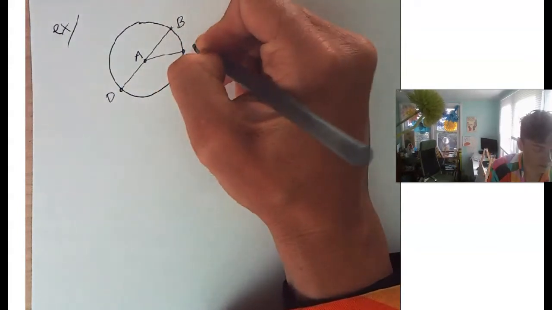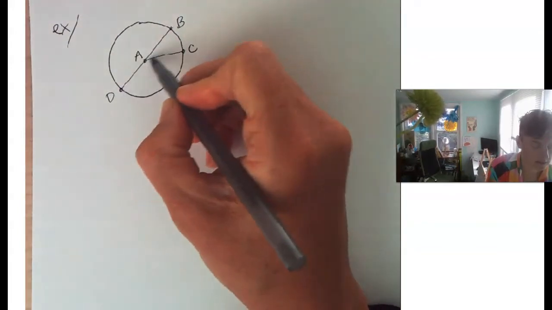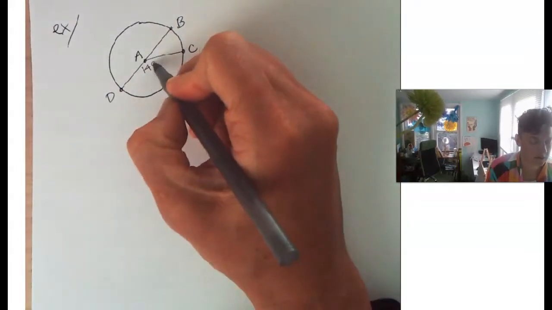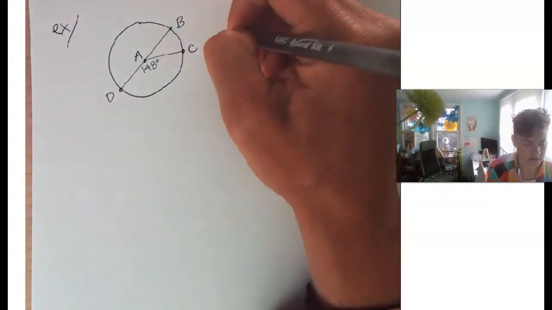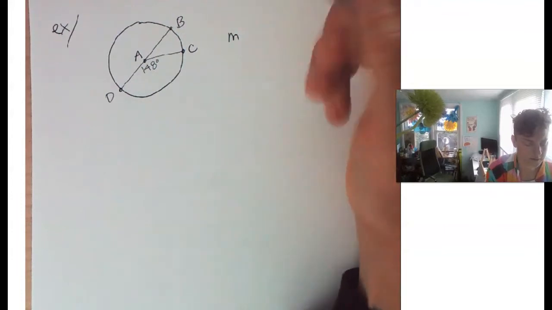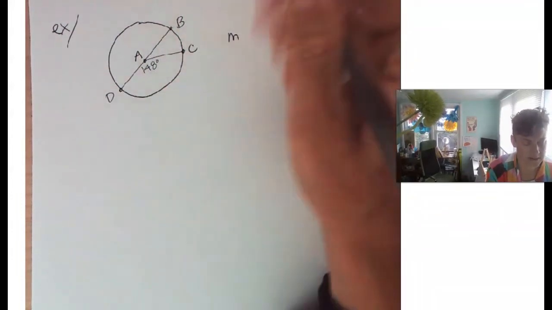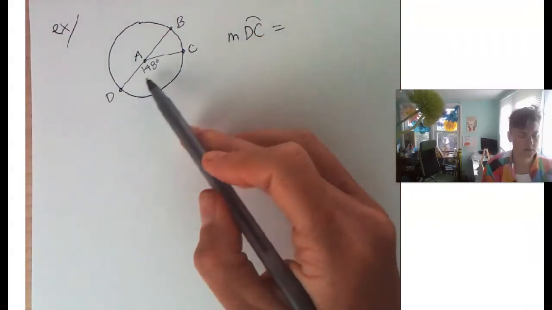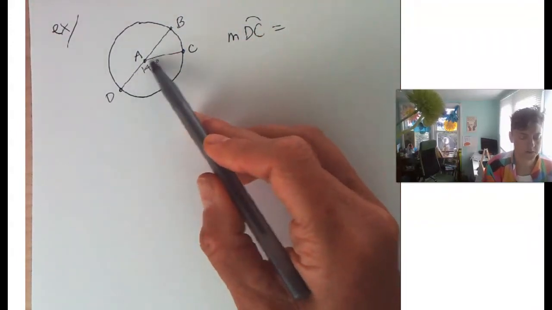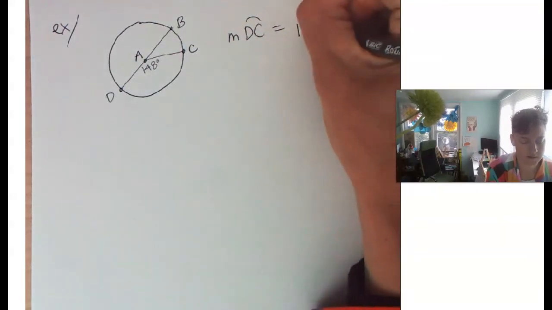Call that endpoint C, and we'll say this central angle is 148 degrees. Let's find the measure of minor arc DC. Well, that's just equal to the angle that it sweeps, so that's 148 degrees.